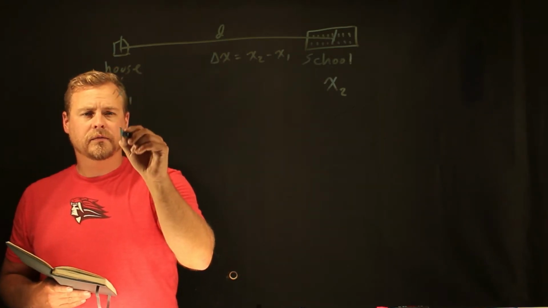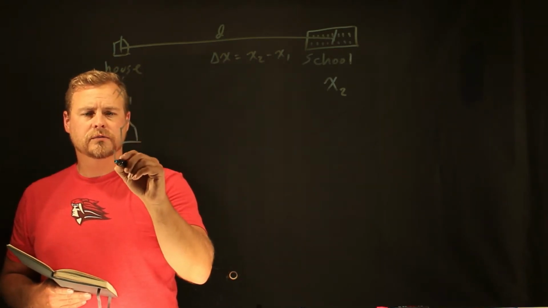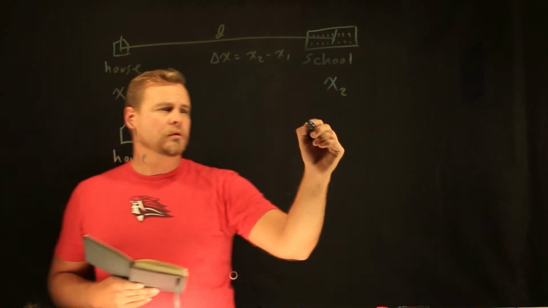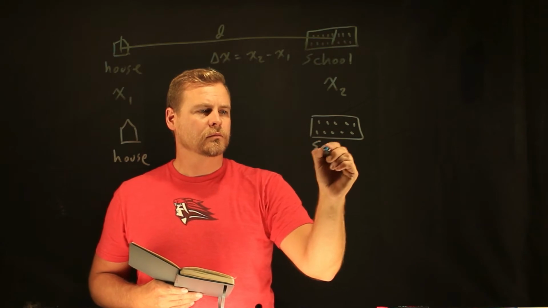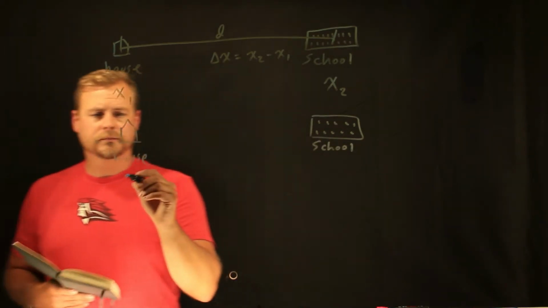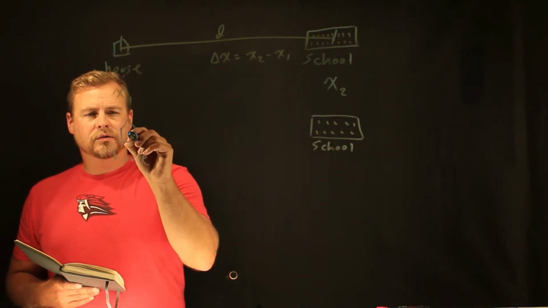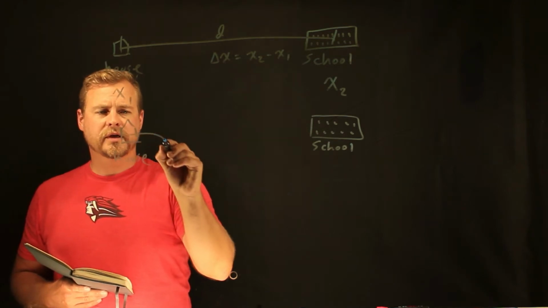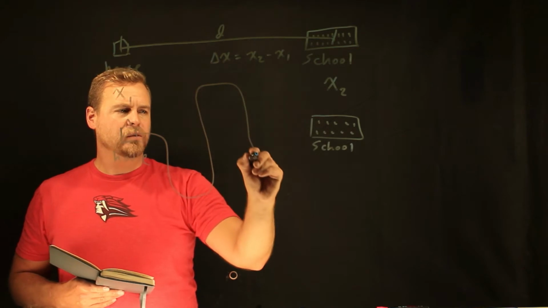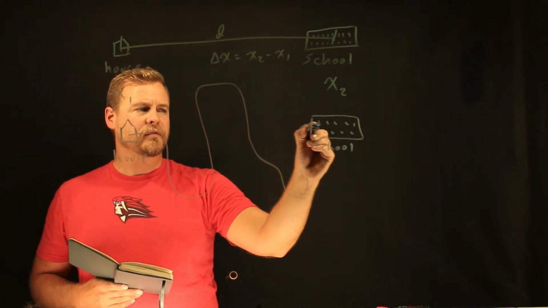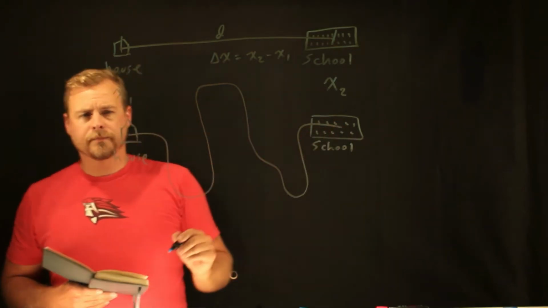I could have my house, the school, I might start at the house, but then travel around, I hit a couple errands, I pick up my friend, we go to the park, we hang out, and then eventually we get to the school.